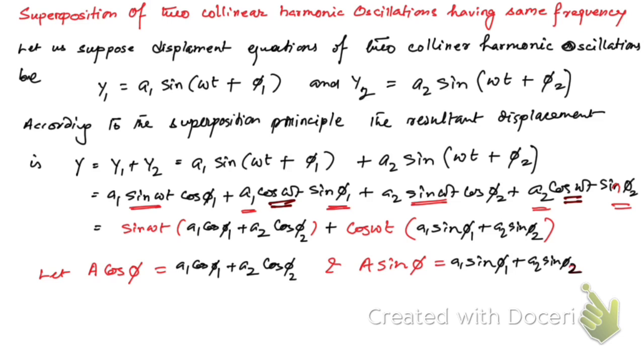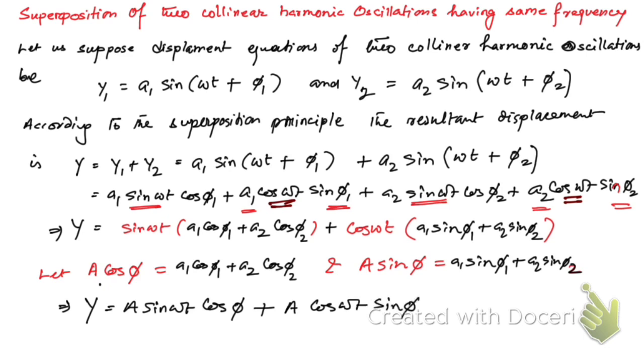If you consider these two, then the above equation for y becomes: instead of this we put this, and instead of this we put this. So we have sine omega t times a cos phi, plus a cos omega t sine phi.